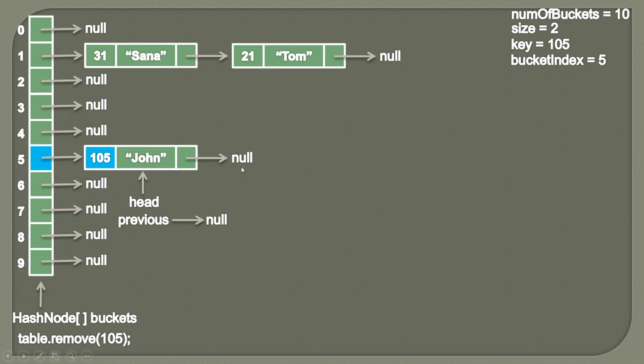Currently it is pointing to null. So if previous is null, which means we want to remove the first node of the list, we assign the head.next value to bucket index 5. It would look something like this. Head.next is null, so this link will be removed and it will point to null. And now we can simply remove this node and return head.value, which is John.